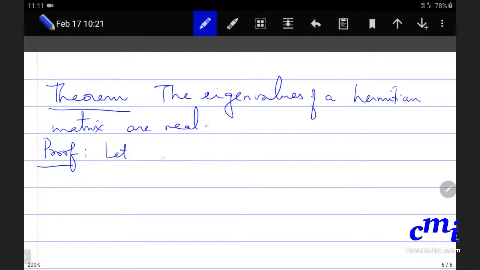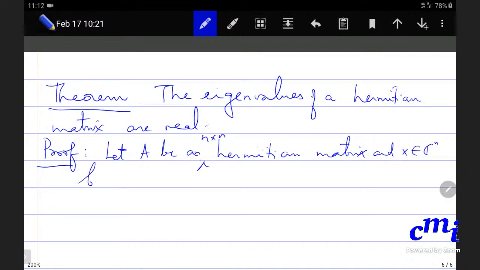So let A be a Hermitian matrix, an n by n matrix, and let x inside Cn be an eigenvector with eigenvalue lambda.